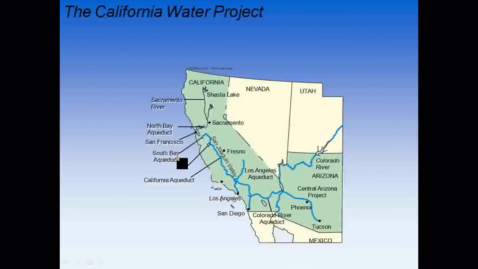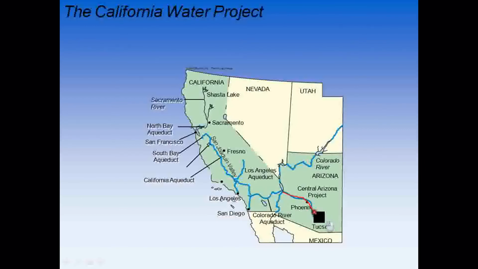This diagram here is showing you all the different canal systems that are part of the California Water Project. It takes water from these dams here and it diverts water from these rivers, especially the Colorado River, through a series of aqueducts and gets water into LA, San Diego. You get the idea.